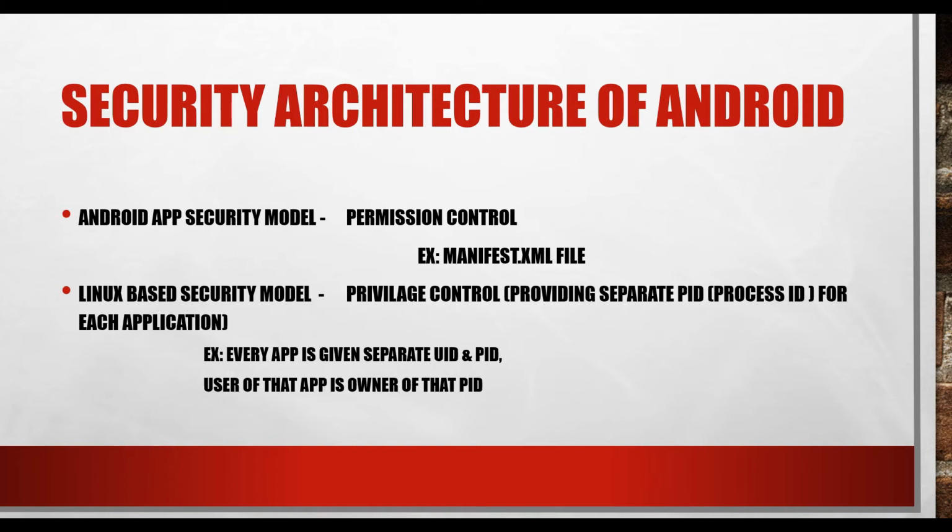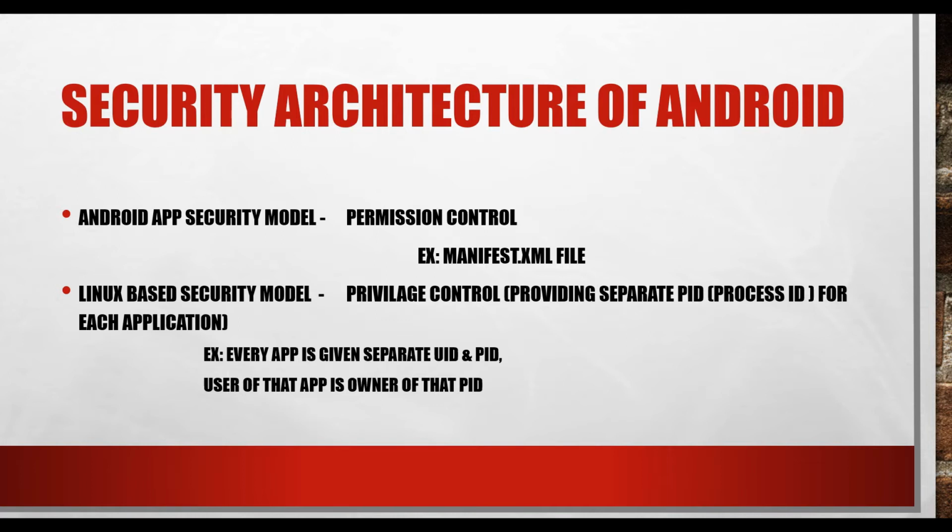This is mainly important to give permissions to the application, based on what services it will be using. For example, a manifest file. The manifest file contains the permission control declared by the developer. And the next thing is the Linux-based security model. Here are the privileges. If you take an Android device, the device may be rooted or non-rooted.